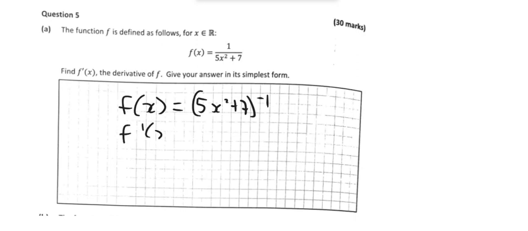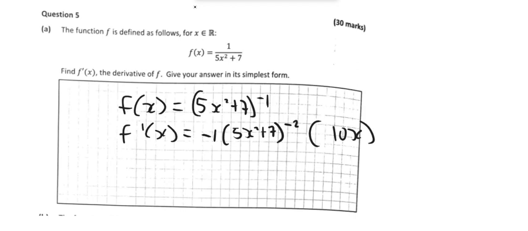So f dash x will be, reduce down the power, multiply by the power first, so it's minus 1 multiplied by 5x squared plus 7, then reduce down the power, so minus 1 goes back to minus 2, and then you have to multiply that by the derivative of what's inside the bracket, so that's just chain rule, so that will be 10x, so 2 times 5 is 10.